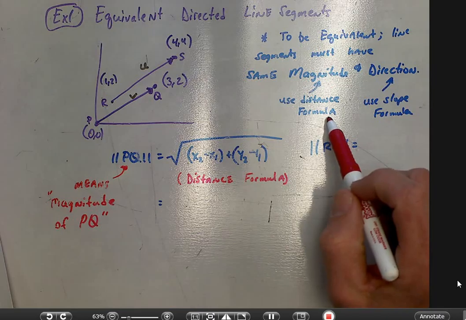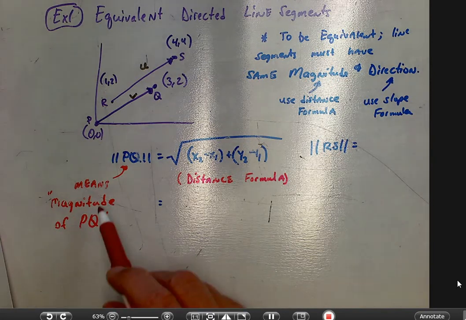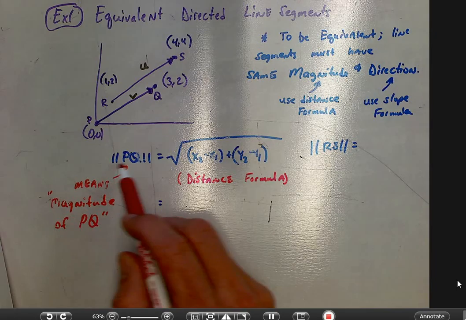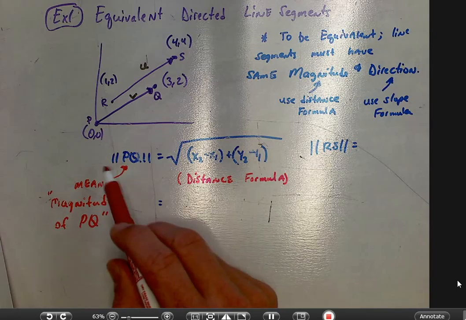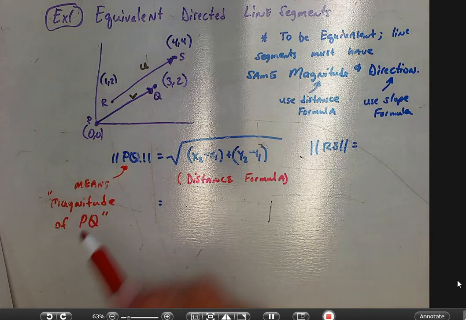So when I write two vertical lines, then PQ, then two more vertical lines, these vertical lines mean the magnitude of PQ, and that's how we read that.